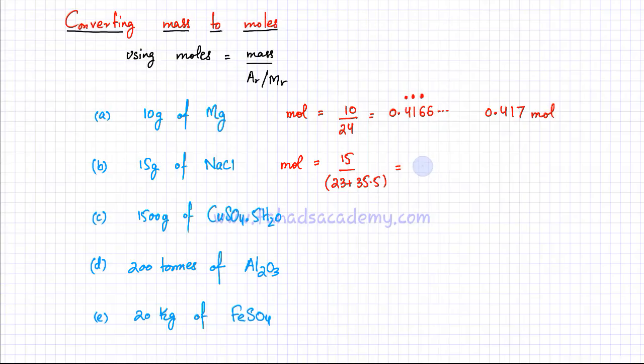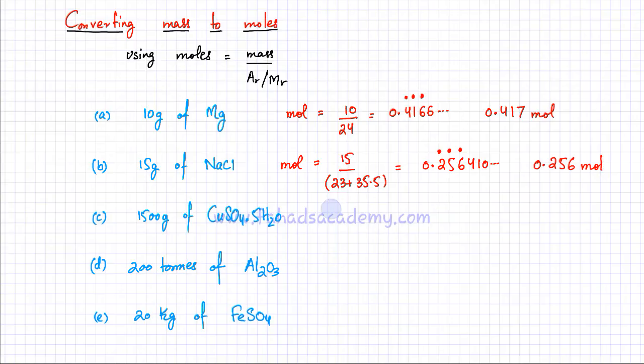So it's 15 divided by 58.5, and the calculator gives me 0.2564 and it keeps on going, a long answer once again. So I look at the first number, then the second, and round off the third. After the 6 you're getting a 4, which means your answer is going to be 0.256 moles. Mol is the unit for moles.